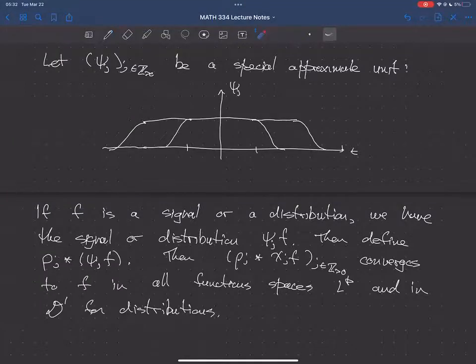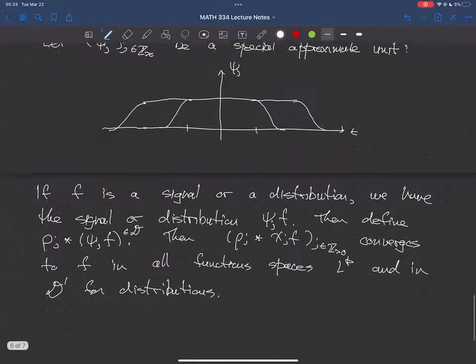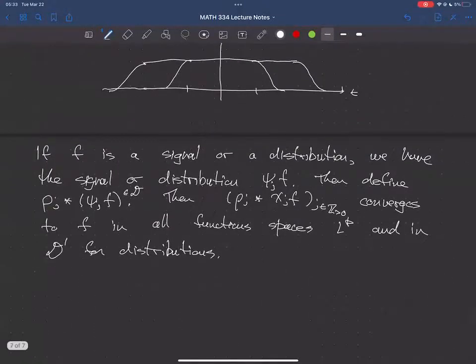So this thing, by my regularization result, will be infinitely differentiable, and because rho j has compact support and psi j f has compact support, it will also have compact support. Therefore the terms in this approximating sequence are elements of D. And so that gets me the very special approximation, convolution and regularization results that I talked about.